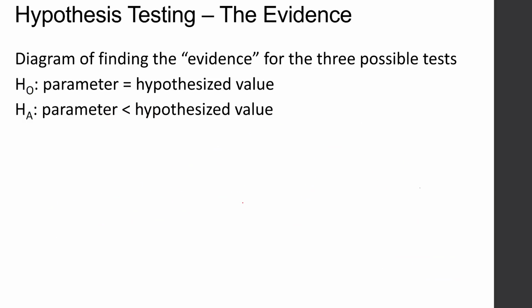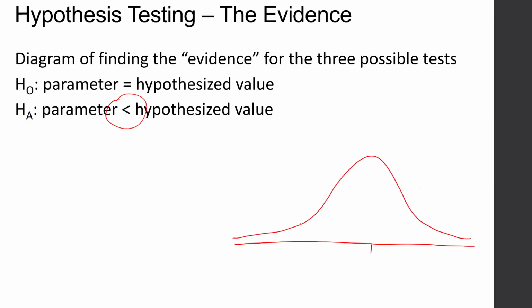And how about for the less than alternative hypothesis? Well, this time we're going to look at the area to the left of our test statistic. And we're going to calculate that probability.